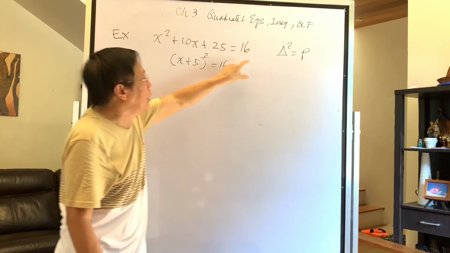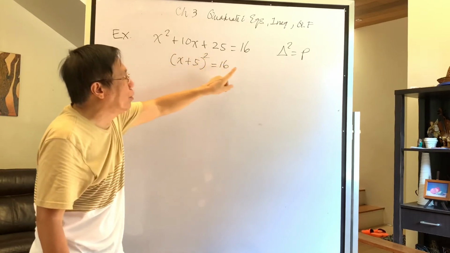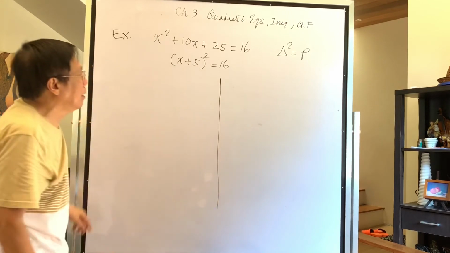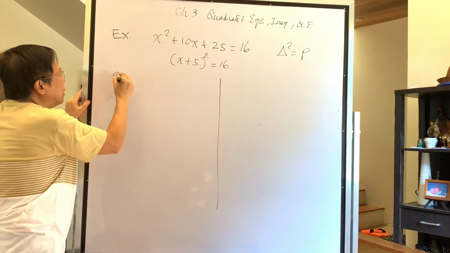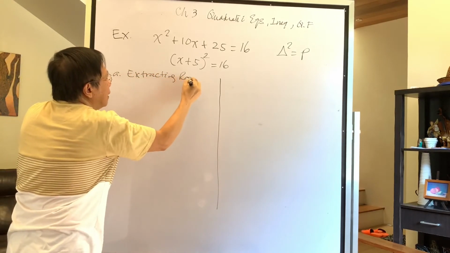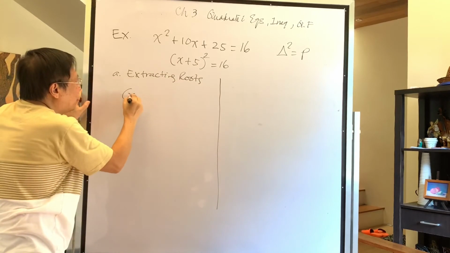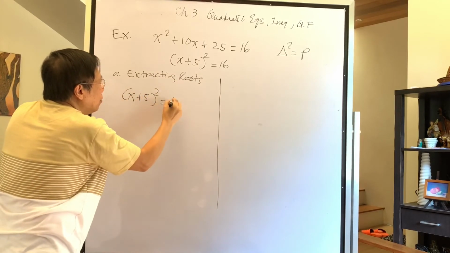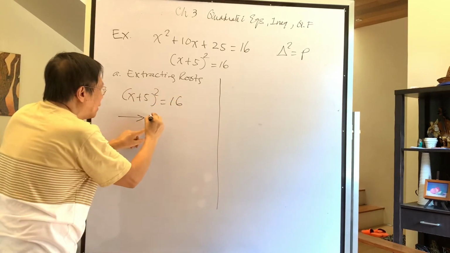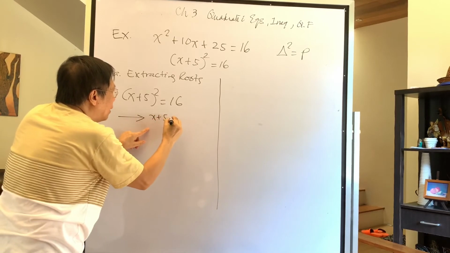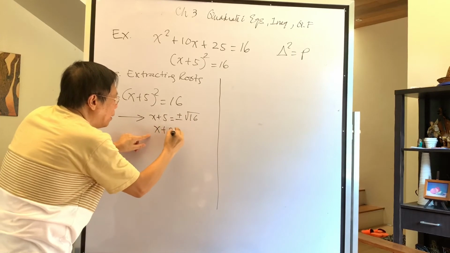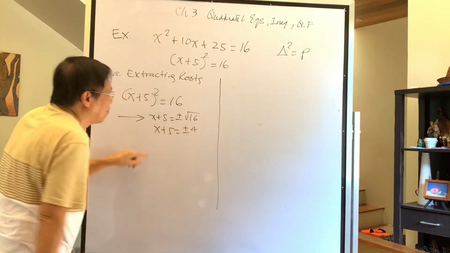So, you may try using extracting roots or using the definition of absolute value. Again, I'm going to split the screen. If I use extracting roots or the square root property, I am ready to use the square root property here by just writing this arrow, and then this implies that x plus 5 equals plus or minus the square root of 16, or x plus 5 equals plus or minus 4.